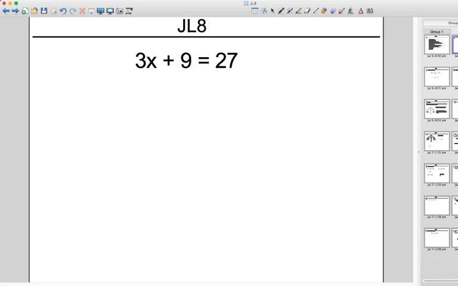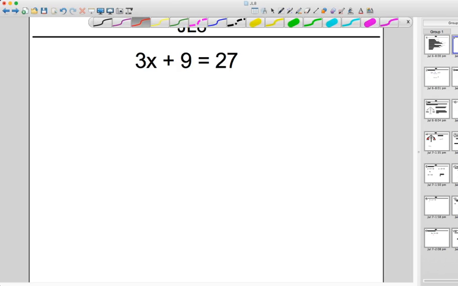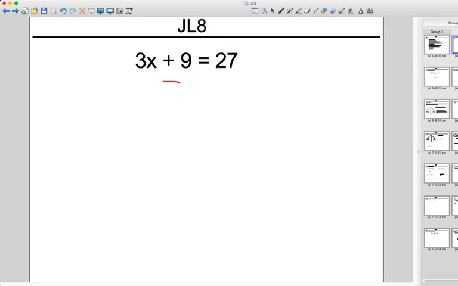Next one for you to try. Pause the video. Come back. Okay, going to solve this now. Subtract 9. Subtract 9. Three x. 27 take away 9 is 18.